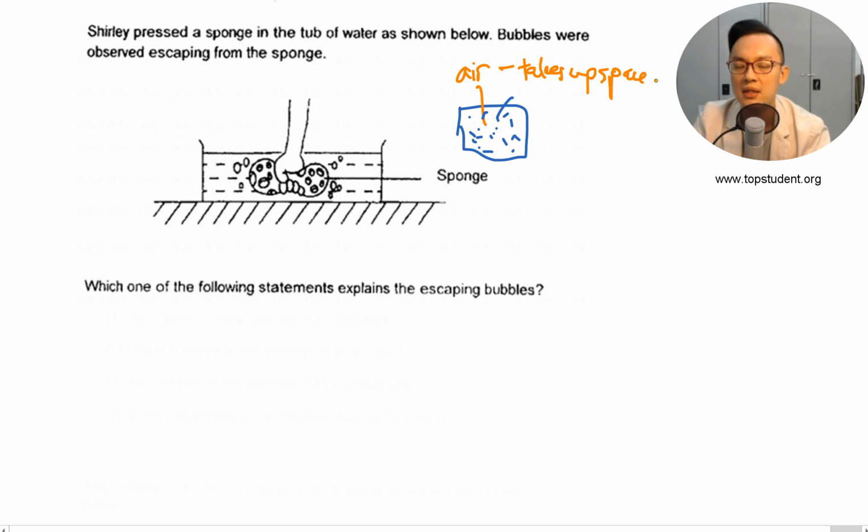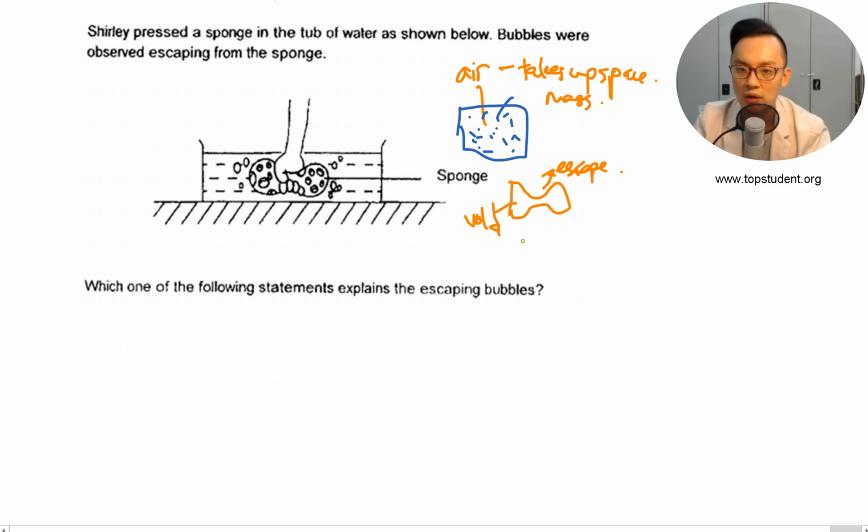Always remember this: air is a matter, it takes up space, and it has mass. Now, if I reduce the volume, because I press it, air takes up space, and there's not enough space for the air, so it will escape.